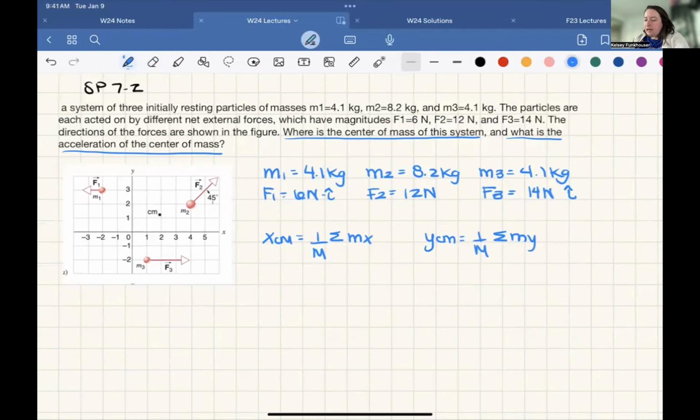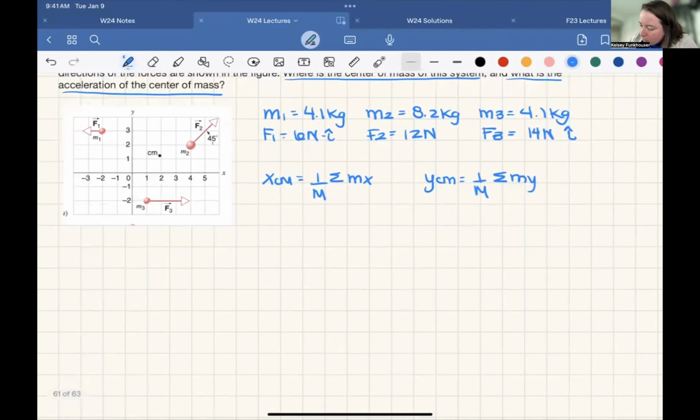So let's take a look at what we have here and get the x and y values for each one. I'm going to call this r, but we'll have x and y. Mass 1 is at negative 2 in x and 3 in y, and these are in centimeters.